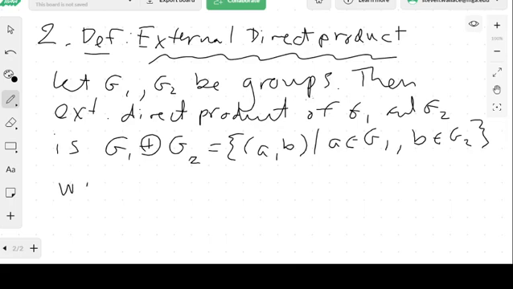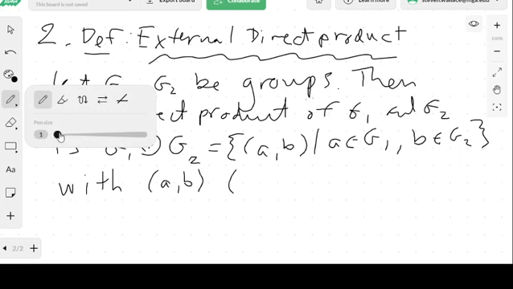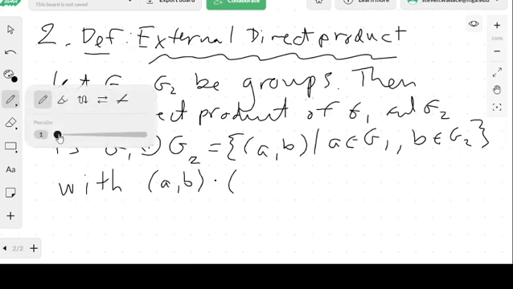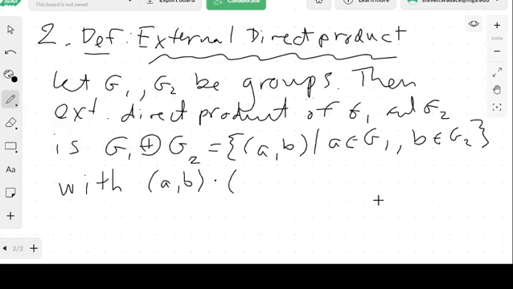So with (a, b) dot (c, d) is just (ac, bd).